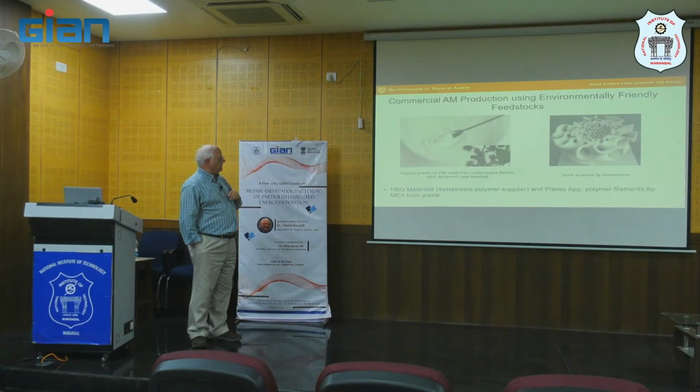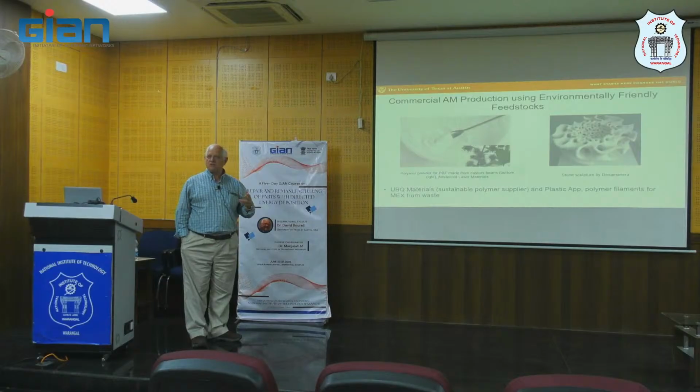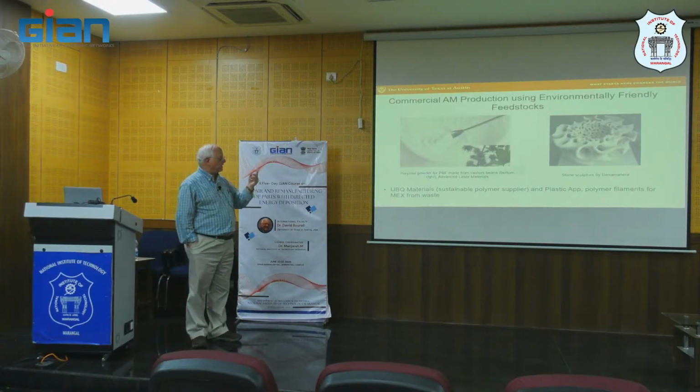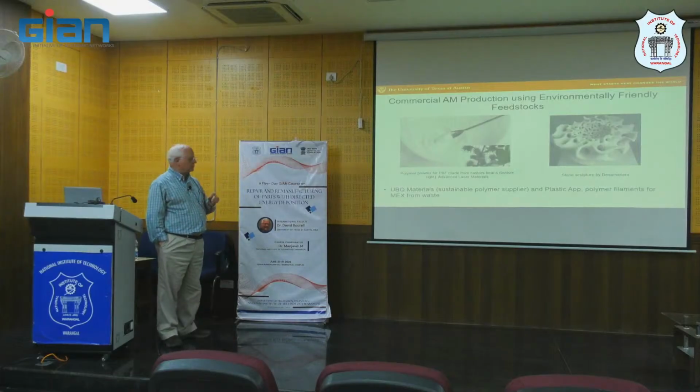On the other side is a stone sculpture from Desandera. And again, I think it's using stone waste and processing it to create parts. It looks like a fairly crude part.